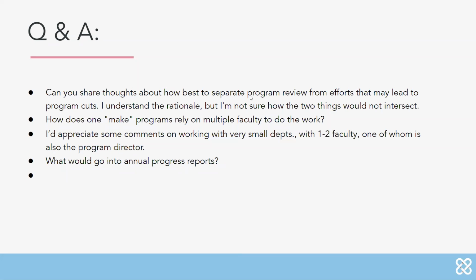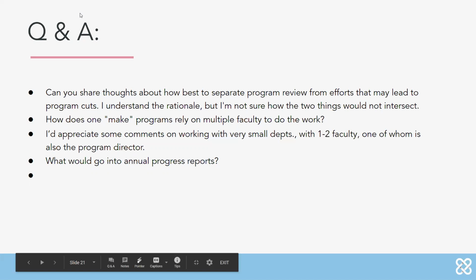While I think there are similar elements in both of those types of reviews, I think the purpose is different. A program review is about your program and the health of your program alone, by itself. If you're talking about an academic program prioritization, which has a different purpose, which is to cut programs or reduce programs or elevate programs, that's a bigger picture look at a bunch of programs.